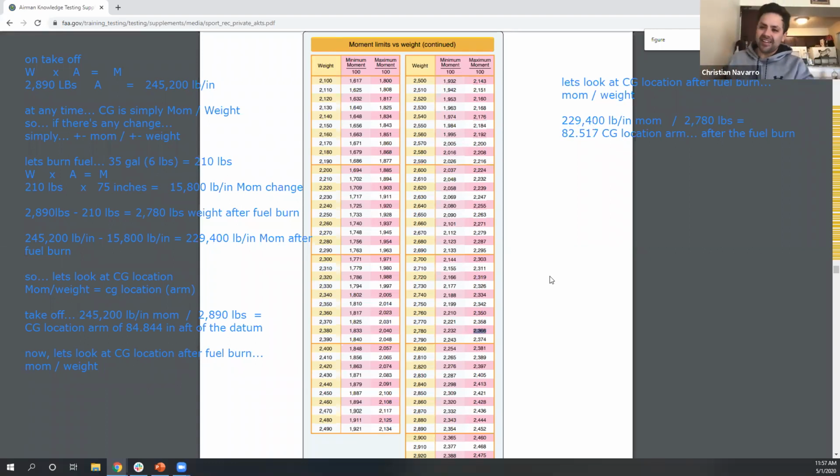So we are within the limits. If we would have gotten a number bigger than 2366, our center of gravity would end up being too far aft. If we would have gotten a number smaller than 2232, our center of gravity would be too far forward. We got 2294, which means our moment is within the limits.